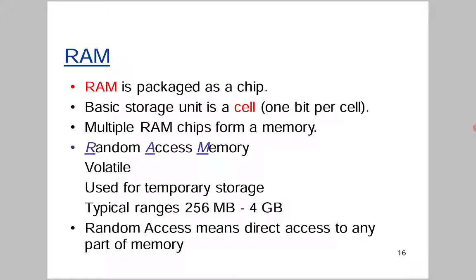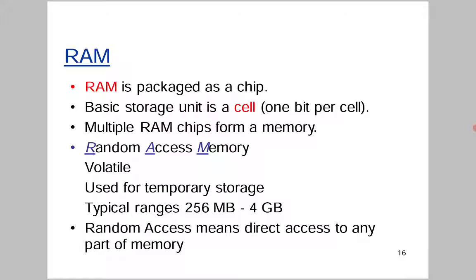So RAM is a single chip, and RAM contains many basic storage units. They are also called cells, or one bit or a cell, and multiple RAM chips form a memory. It is also called random access memory, and it is a volatile memory. Volatile means temporary memory, and generally the size of RAM is 256 MB to 4 GB.